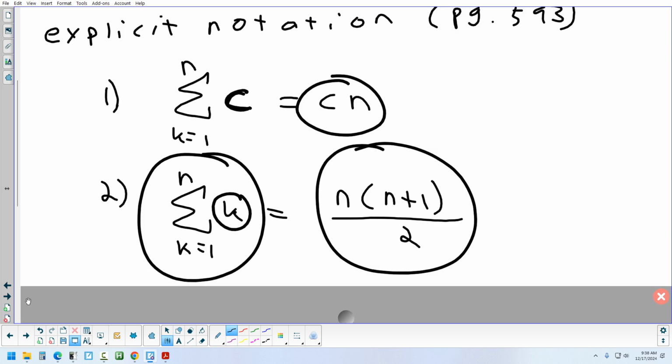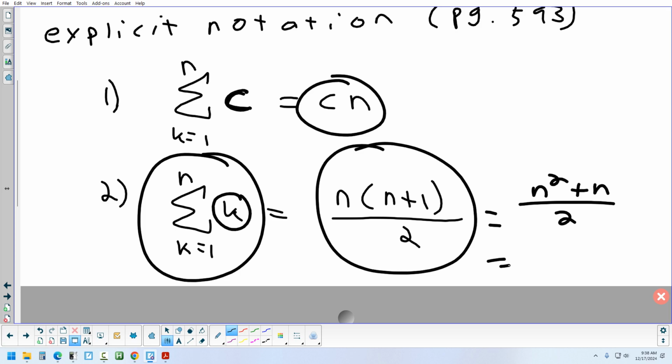Okay. And if you want, you can simplify that. Like if we do this out, what's n times n? N squared. And what's n times 1? N. Plus n. So you could write it like that. That's the same thing. Or if you want to divide each of these by 2, you can also do that.